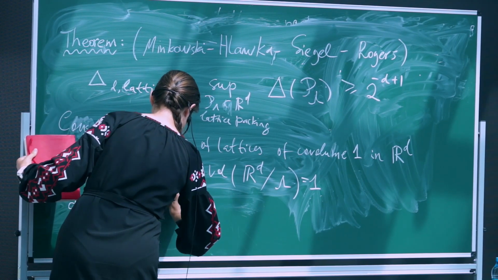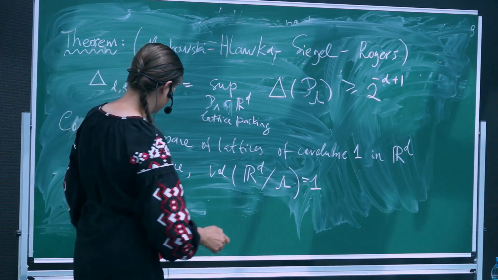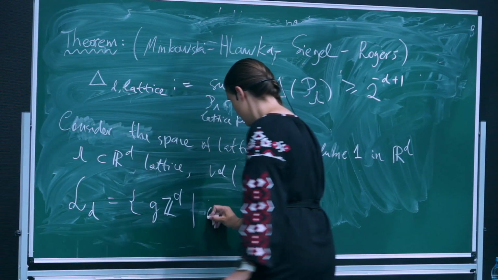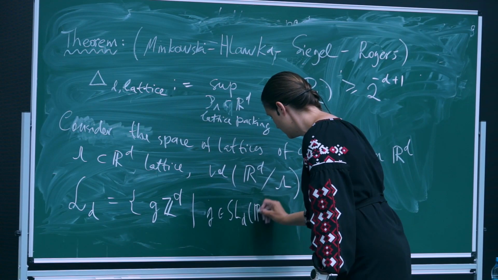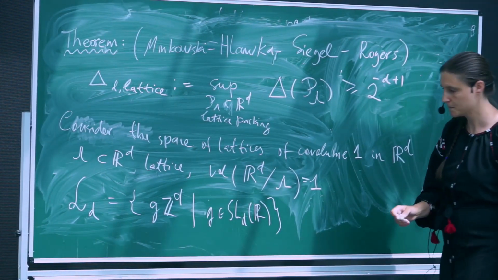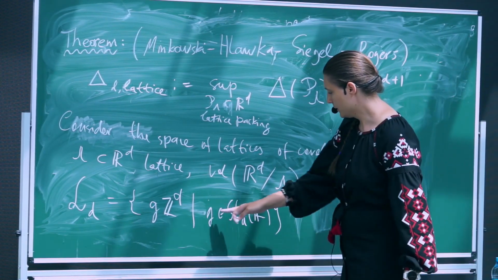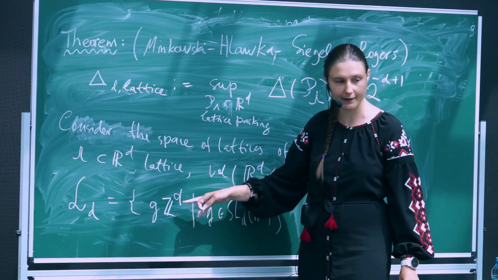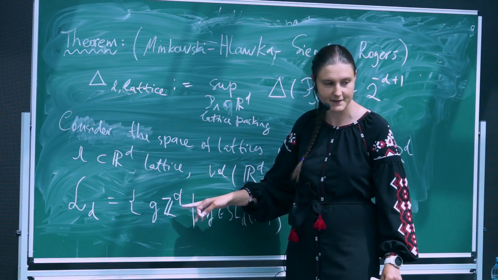Every lattice we can think of as the lattice Z^d multiplied by some element of SL_d(R). But of course we can take two different matrices here and still obtain the same lattice.